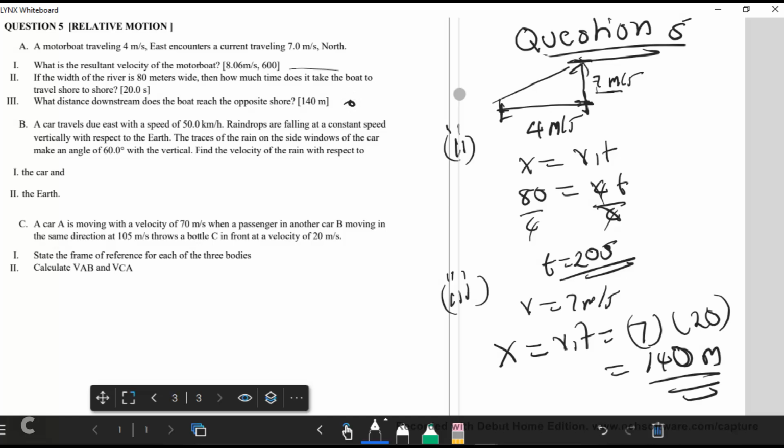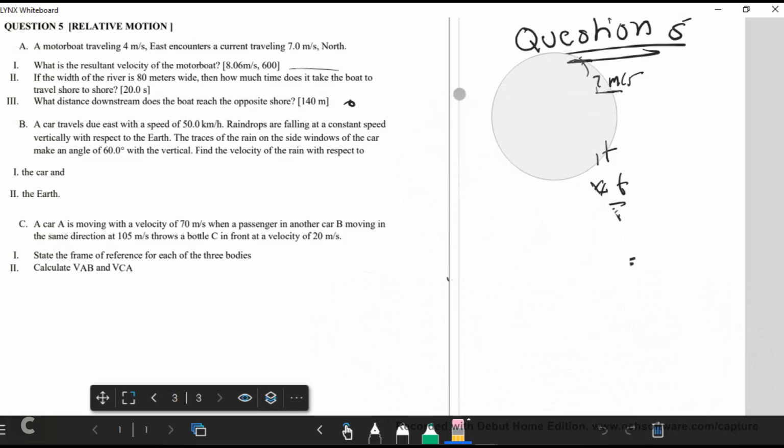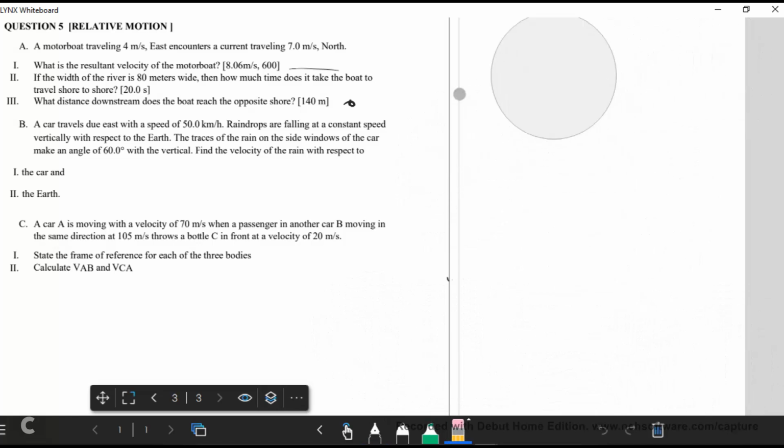Now let's go on to question 5b. In question 5, they're saying the car is going due east with a speed of 50, right?